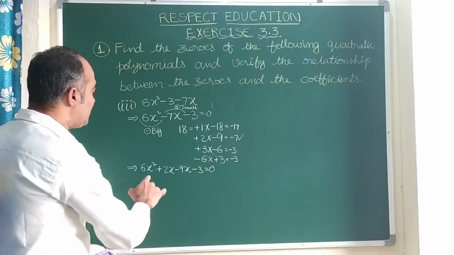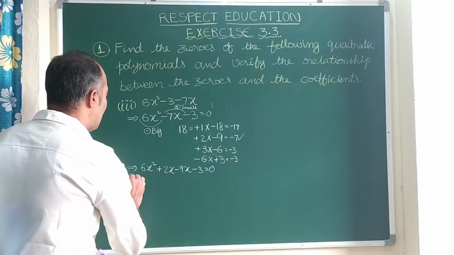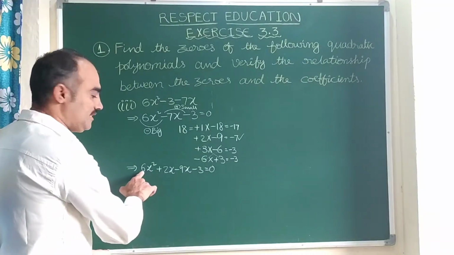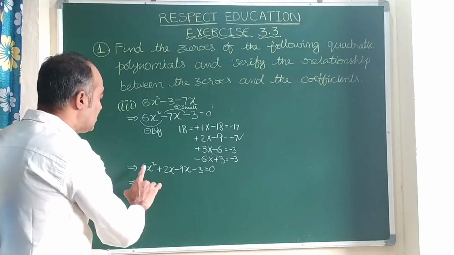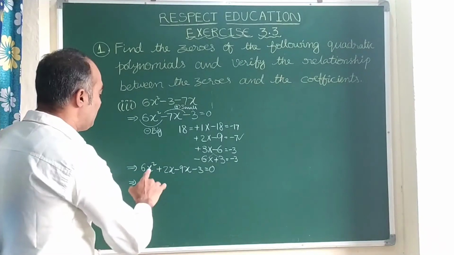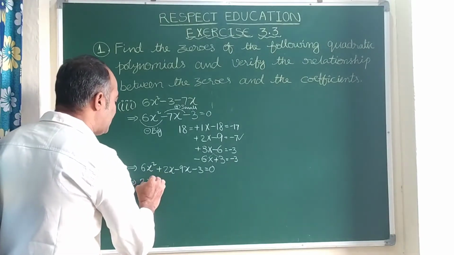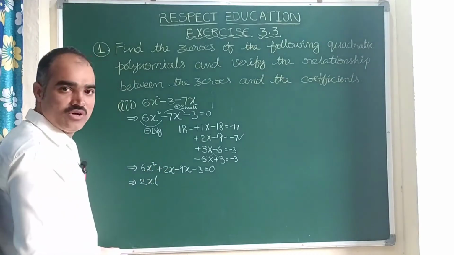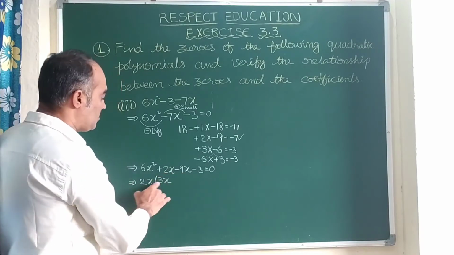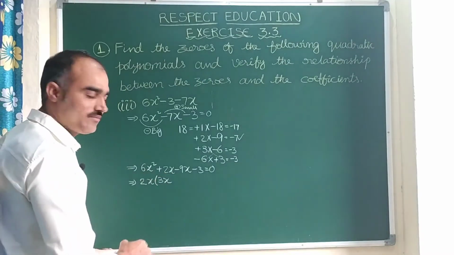In these 4 terms, let us take common in the first 2 terms. In the first 2 terms, number-wise you see here 2, here 6. 2 3s are 6, so in these two numbers, 2 is common. And in variables you see x square and x, so x is common. When you take 2x common, 6x square becomes 3x, because 2 3s are 6 and x into x is x square.